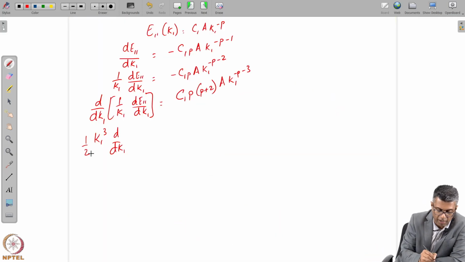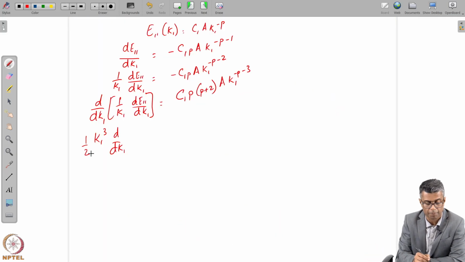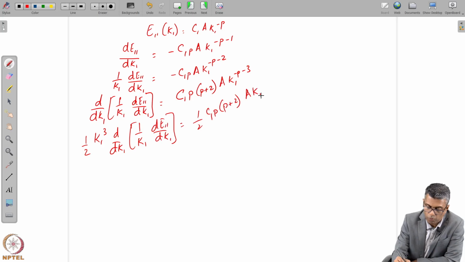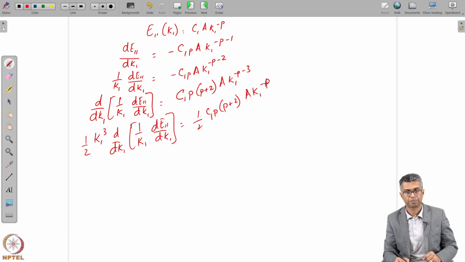So I multiply by half kappa 1 cubed d kappa 1 of this expression, 1 over kappa 1 dE11/d kappa 1. And then what do I get? I get half C1 (P plus 2) A kappa 1 to the minus P.